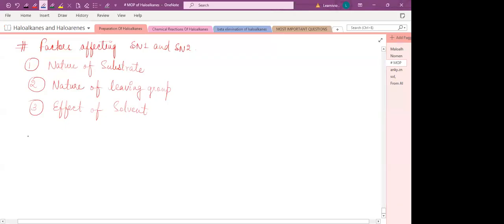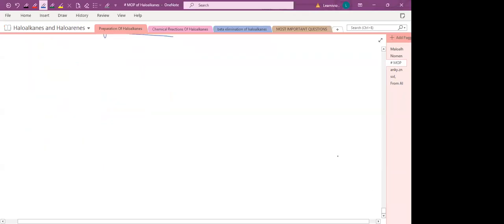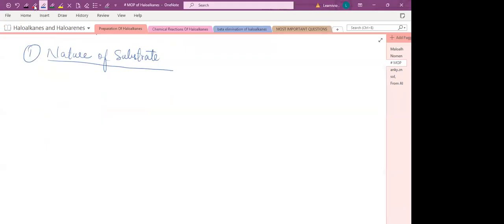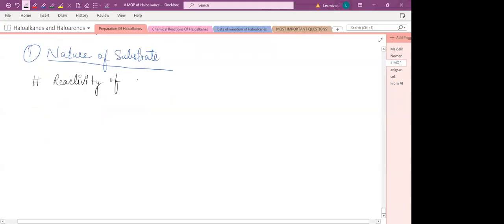So write down. First is nature of substrate. Yeah, so in this, first we will talk about the reactivity of SN1 reaction. Write down reactivity SN1.